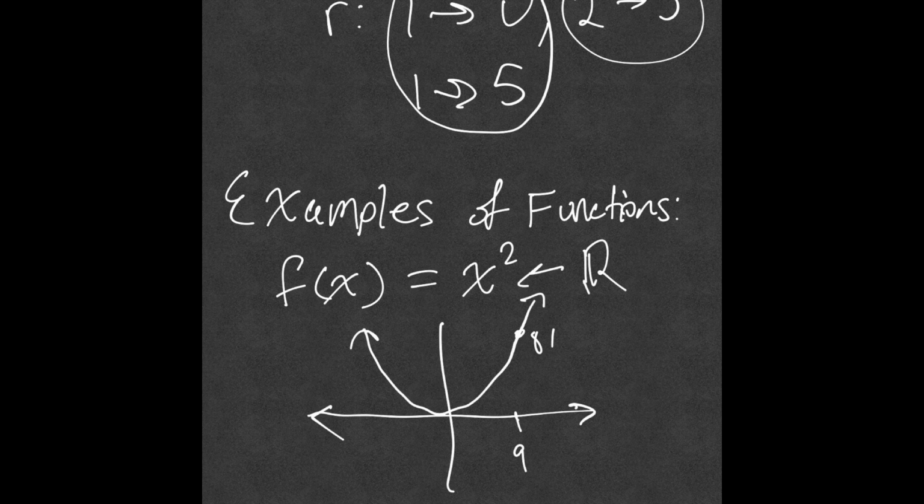A lot of students may get confused about the fact that if I choose -9, it's actually the same as 81. It's still a function though, because I've only chosen one input. So for every input, that's the subject, right? Math is language. So I'm choosing 9. So for every 9, there's only one 9 on the number line. There's going to be that 81. Okay.